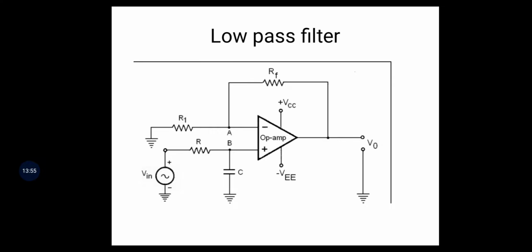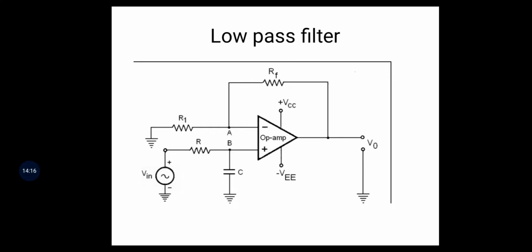That's why it is called a low pass filter. Here the pass band is in low frequency, and in high frequency there is a rejection band.